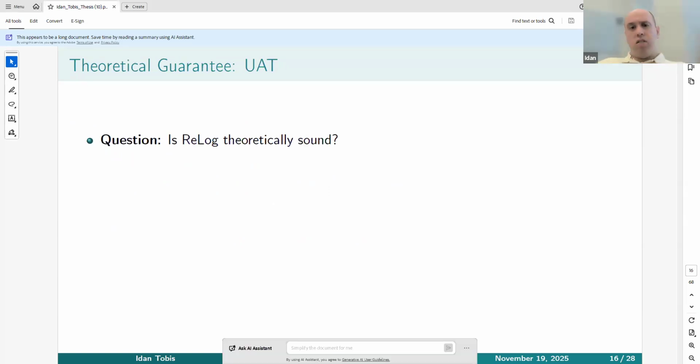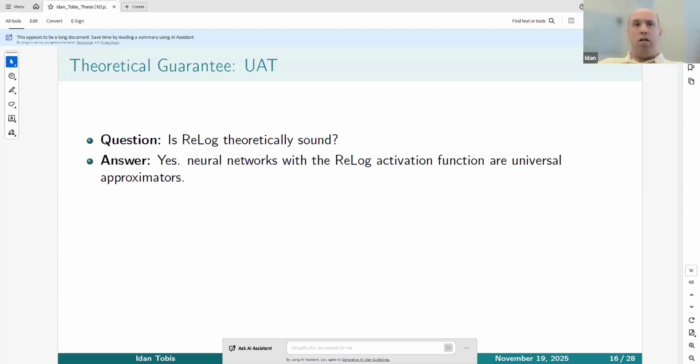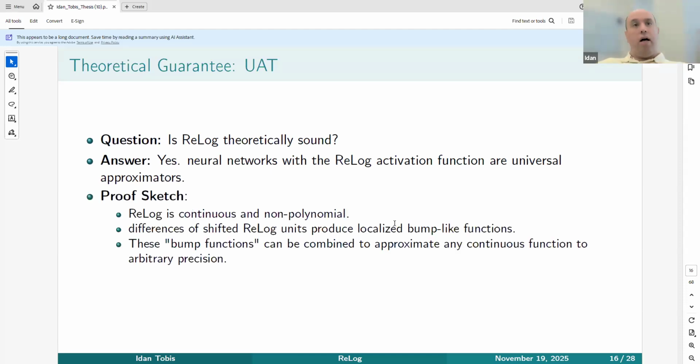So this brings us to the next question. Okay, so we've seen that it's fast theoretically, but is it also theoretically sound? Meaning, can a neural network with a ReLog activation function be a universal approximator? Okay, so that would be the UAT, universal approximation theorem. So again, I will not go through the entire rigorous proof.